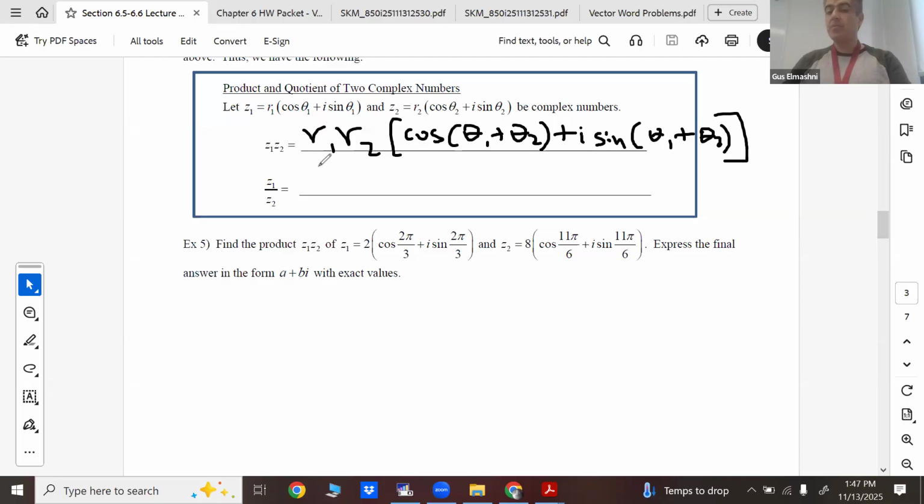Now, for division, what do you think is going to happen instead? R1 over R2. And it's going to be analogous.